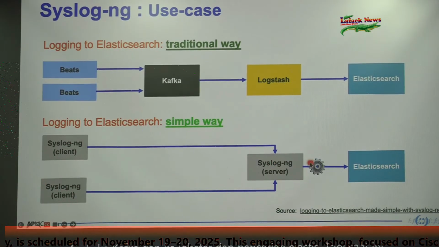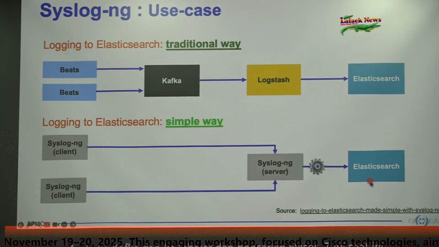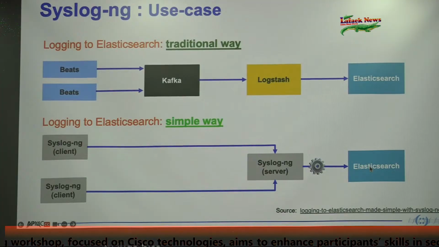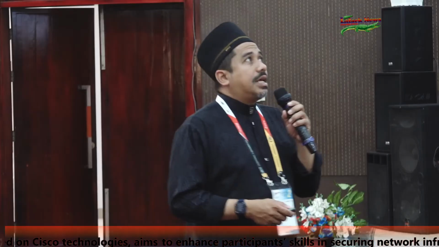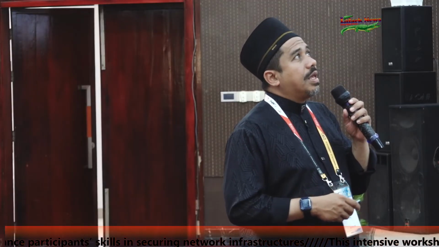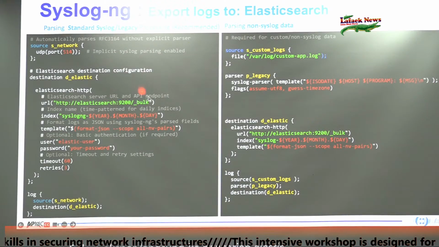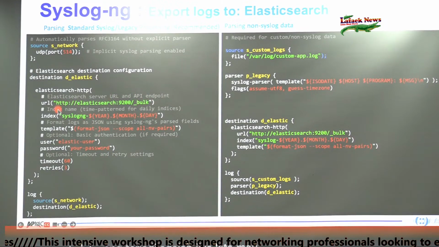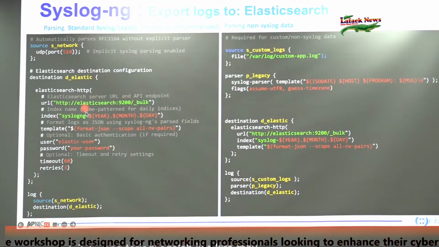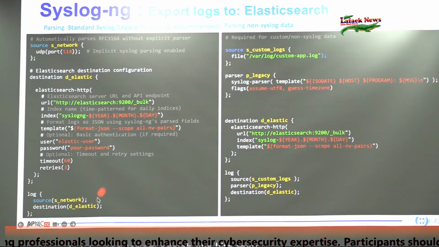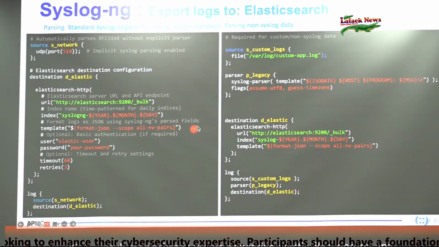It can also export directly to Elasticsearch for processing of the data. If we want to export the logs to Elasticsearch, it can be configured with the name of the server, the index name, username and password, and you just send the logs.